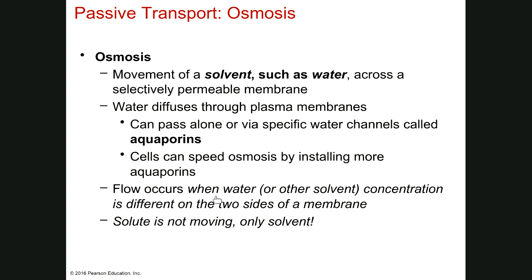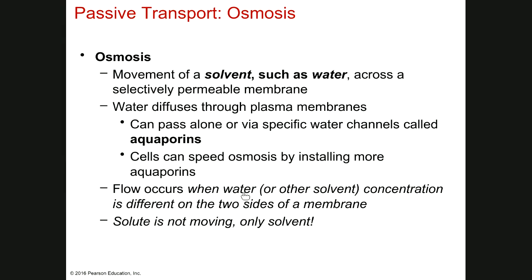Okay, so very similar to simple diffusion, osmosis is going to involve the movement of water based on a concentration level. I think what confuses students sometimes is they will try to remember, okay, water is going to move, just like in diffusion, from where it exists in high concentration to where it exists in low concentration.